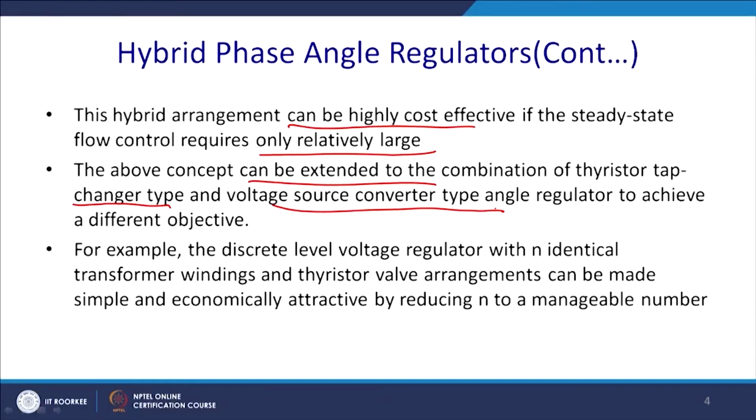For example, the discrete level voltage regulator with N identical transformer windings and thyristor valve arrangement can be made simple and economically attractive, reducing N to a manageable number. For this reason, students may refer to this kind of transformer, which is called sen transformer. This is one of the versatile phase angle regulators. We shall give the sen transformer in the reference.